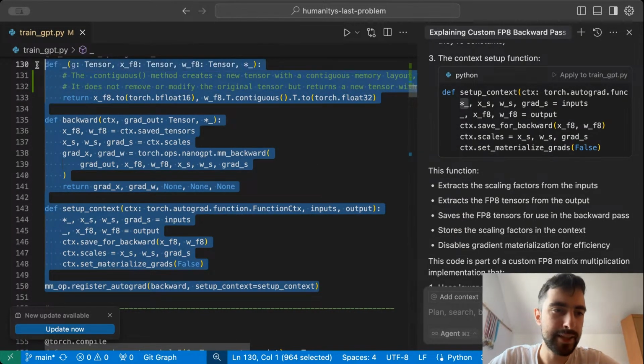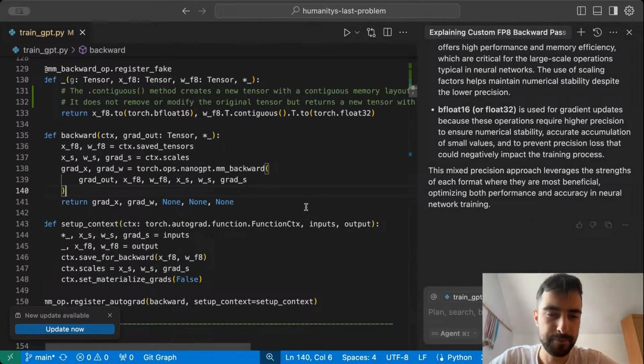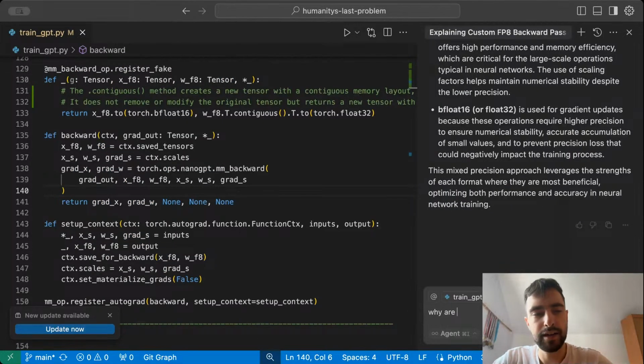I want to add this to chat and say, why are these values saved into context and then immediately extracted? Do you even need to save them into memory?